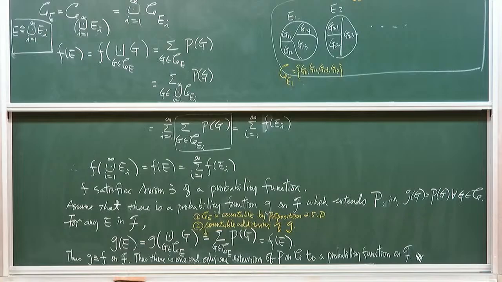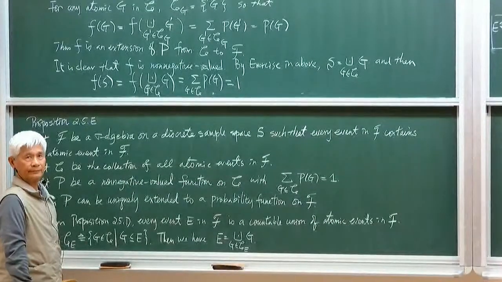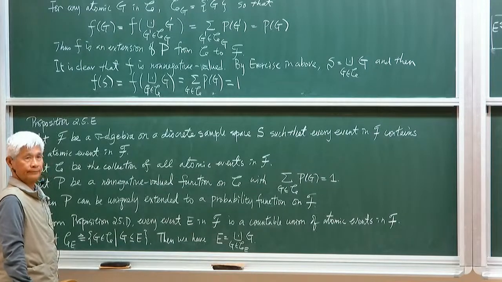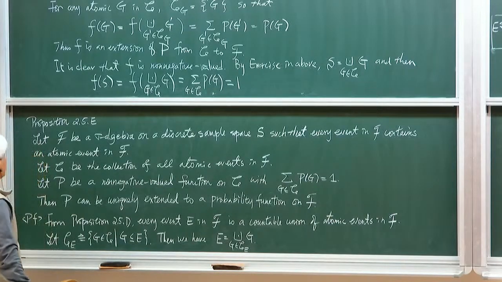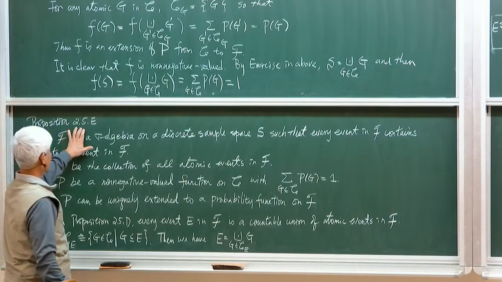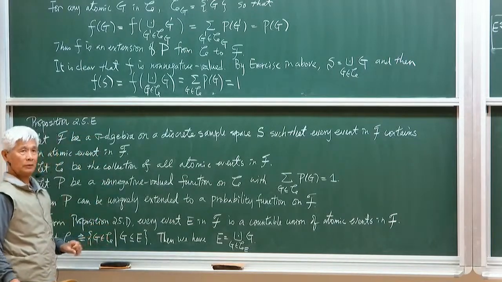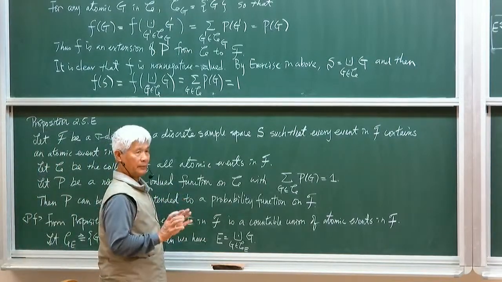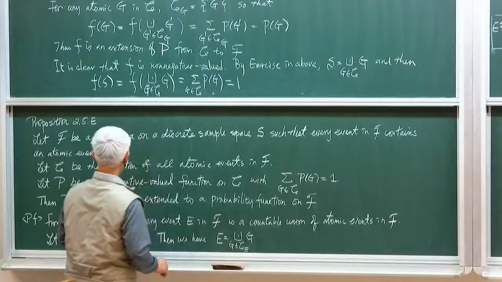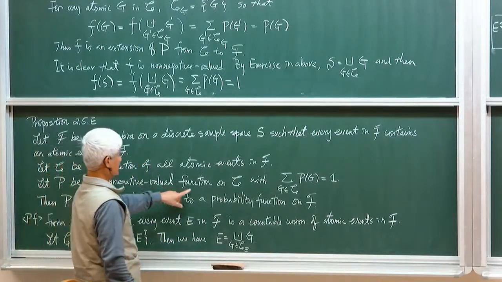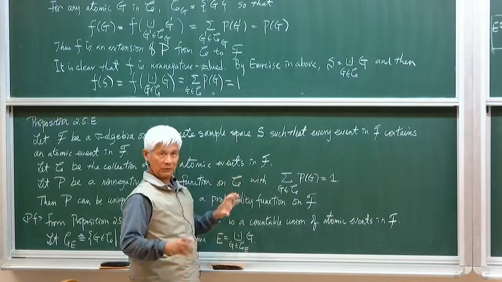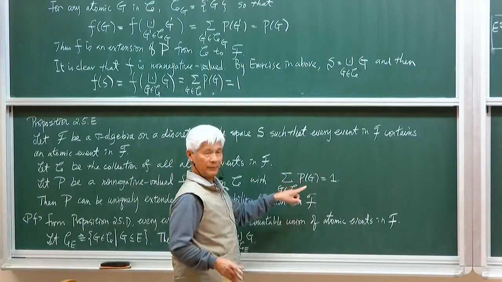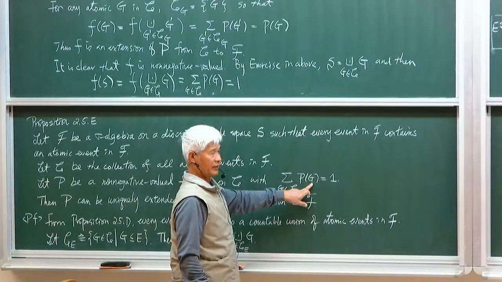Any questions about the proof up to now? Okay, so proposition 2.5.E would be quite useful. To define a probability function, it is sufficient to define a non-negative value function on the collection of all atomic events, such that the summation of the probability assigned to atomic events equals 1.